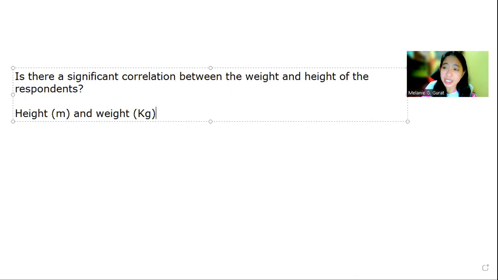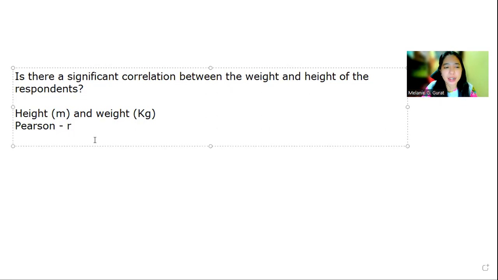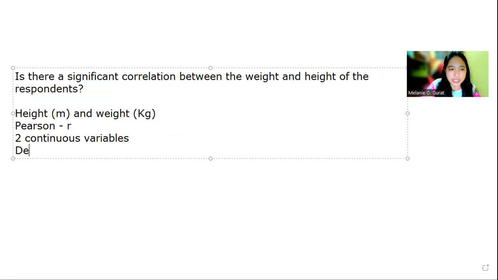And if it's interval or numerical in general, we can use Pearson-r correlation, because for Pearson-r, we can explore the relationship or correlation of two continuous variables and determine whether there is a direct correlation.